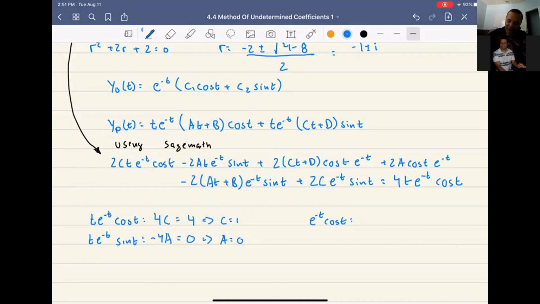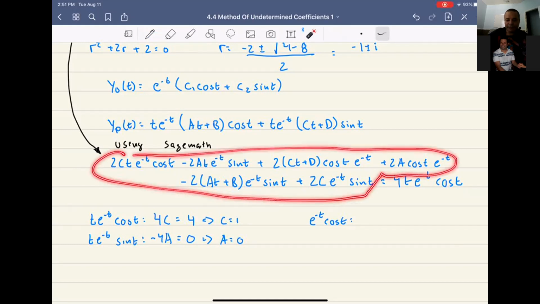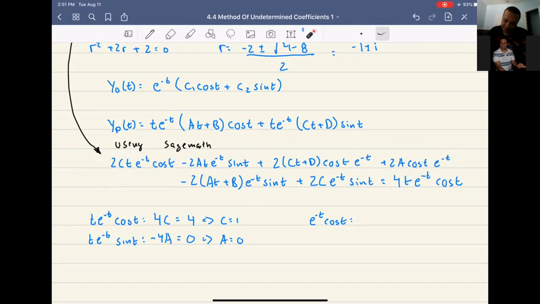On the left-hand side, that's this whole mess. We have 2d plus 2a equaling 0. Since a equals 0, then d is going to equal 0.